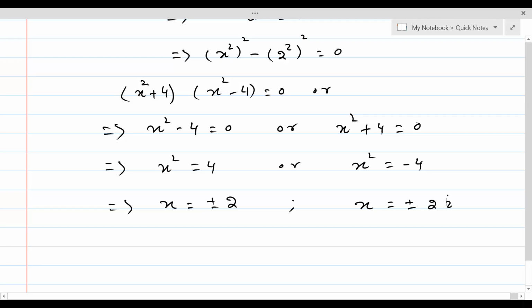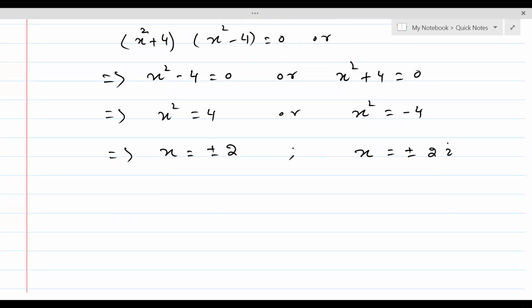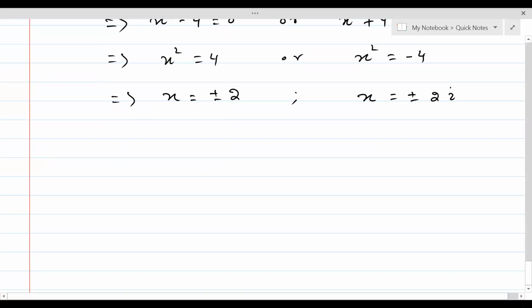Similarly, we can find the four fourth roots of any other number.